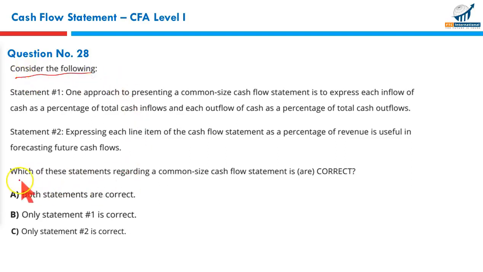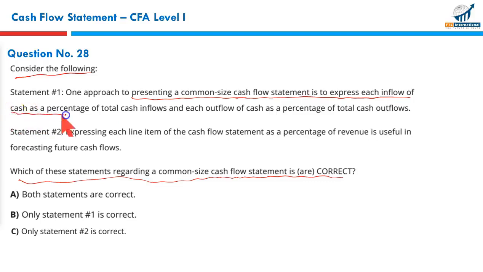Consider the following statements. Which of these statements regarding common size cash flow statement is correct or are correct? Common size cash flow statements can be prepared two ways. One approach to presenting a common size cash flow statement is to express each inflow of cash as a percentage of total cash inflow and each outflow of cash as a percentage of total cash outflows.